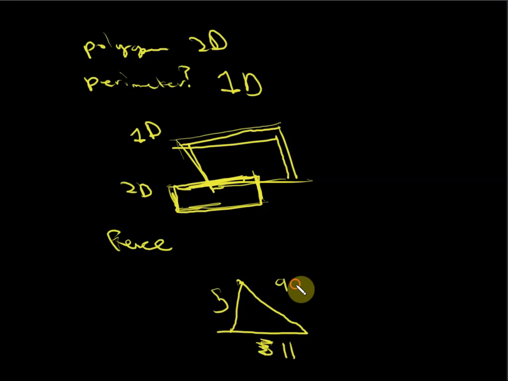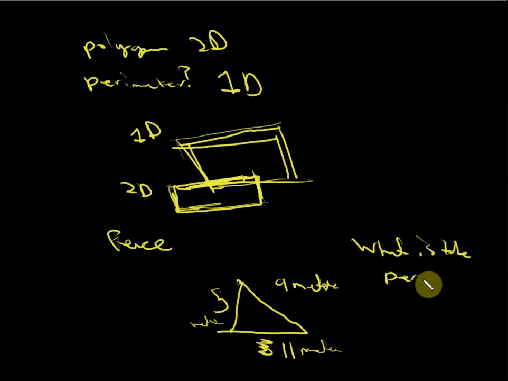We'll say 5 meters. So what is the perimeter of the triangle? Well, it's simple.